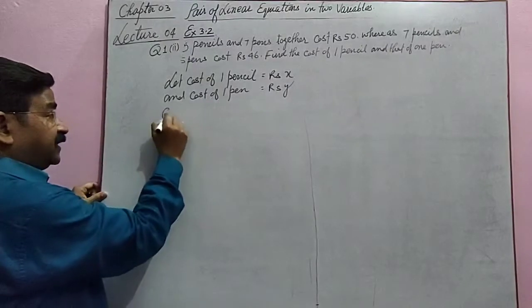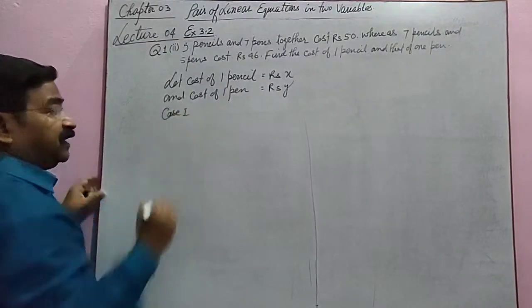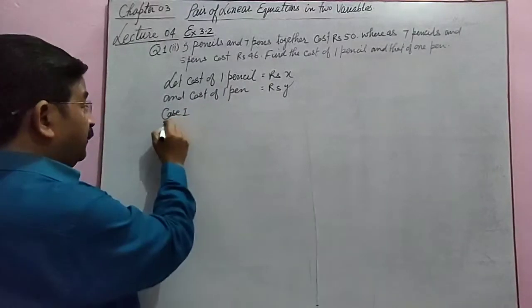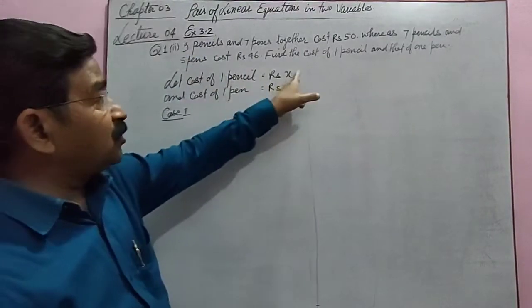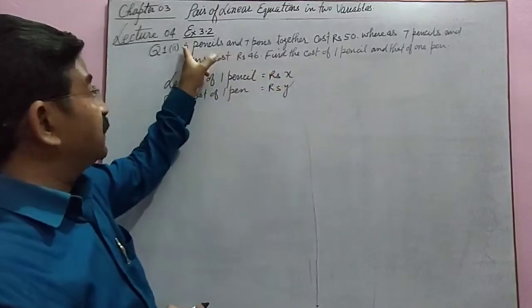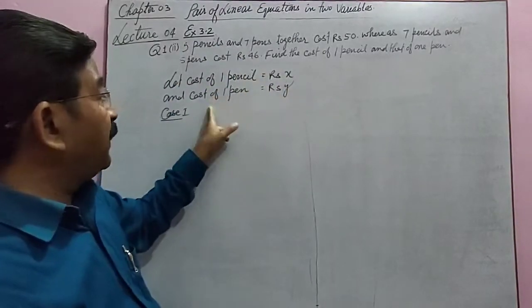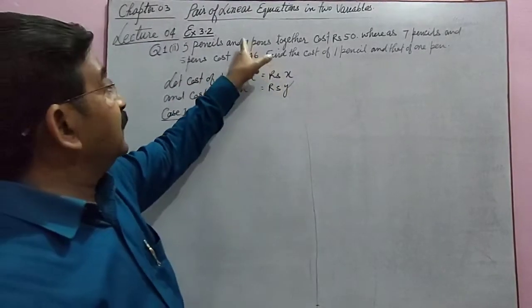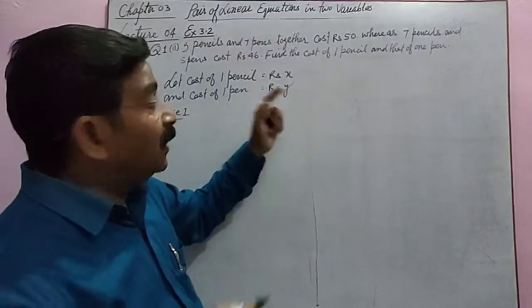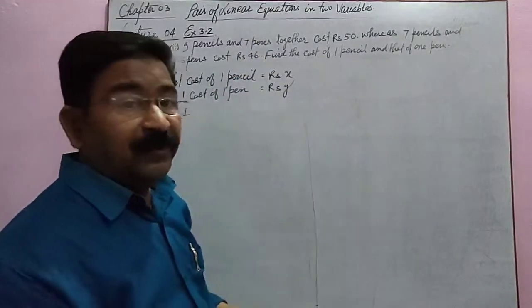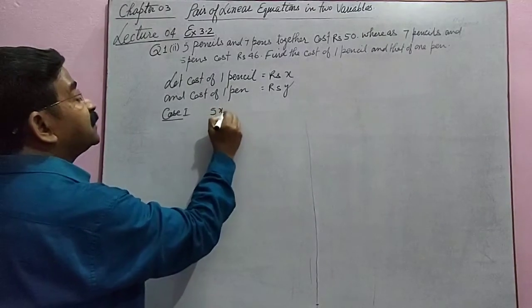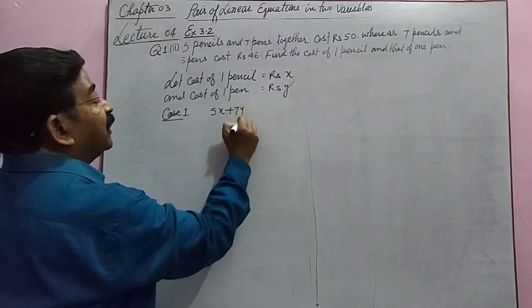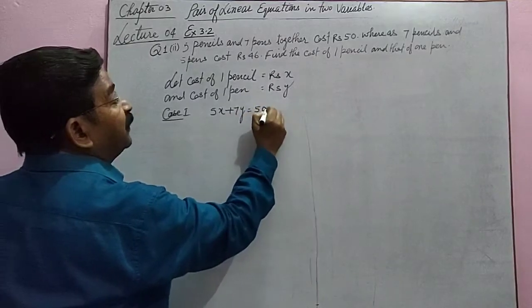Now in first case, what is given? 5 pencils, 1 pencil cost x rupees. So 5 pencils 5x, 1 pen cost y rupees, then 7 pens 7y, and together with 50 rupees. Means we have 5x plus 7y is equal to 50.